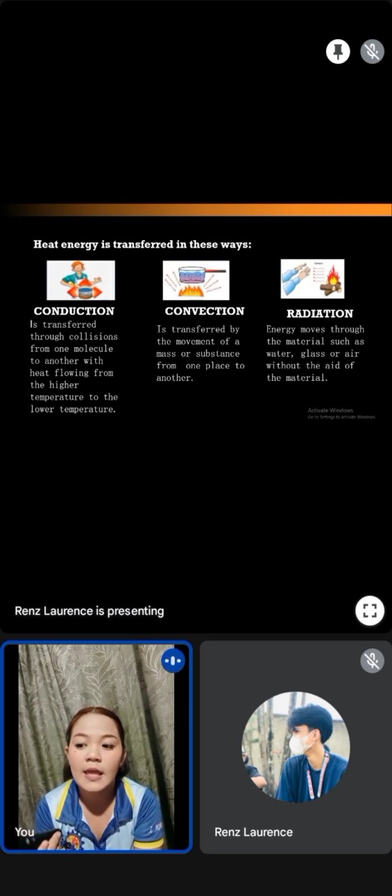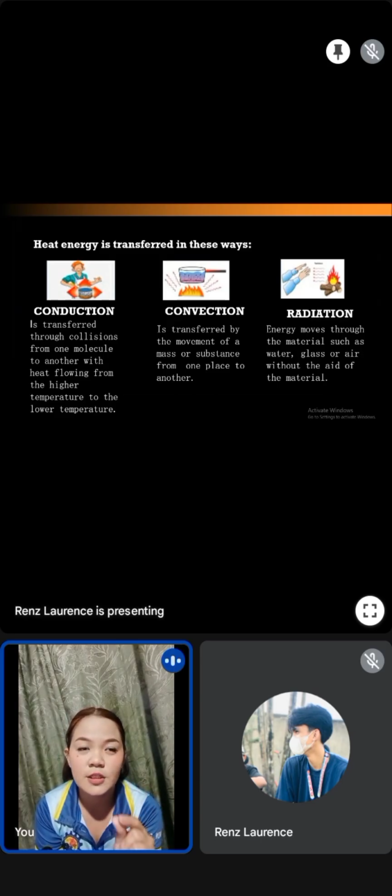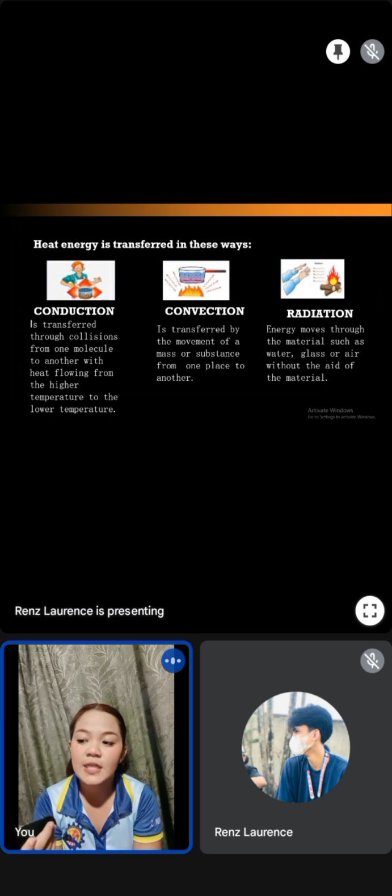So the electromagnetic wave that travels through space, dili siya ingon nga directed jud kaayo nga ma-feel jud kaayo nimo, same sa conduction nga if you touch that object, maka-feel dayon ka og heat. But here in radiation, you don't need to touch that object in order to feel that heat.